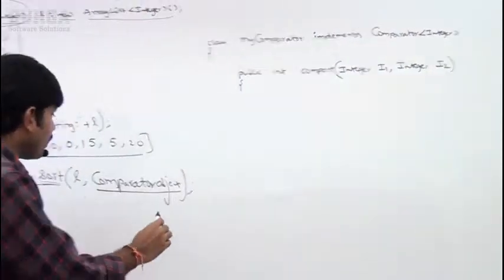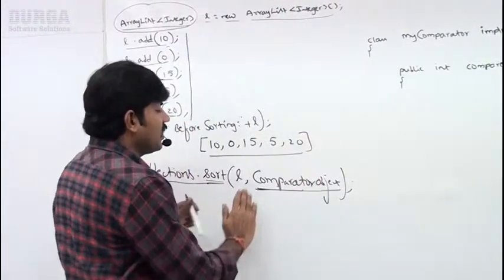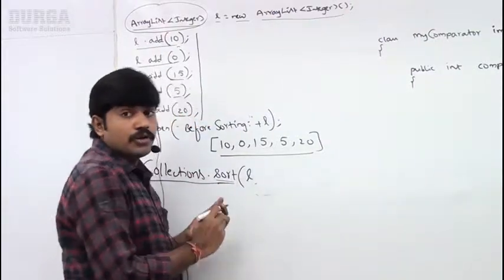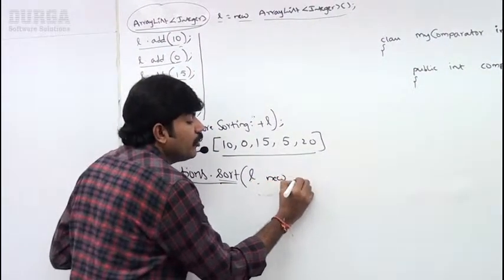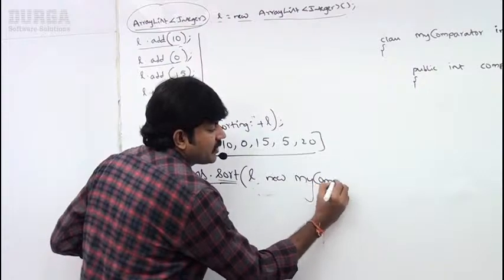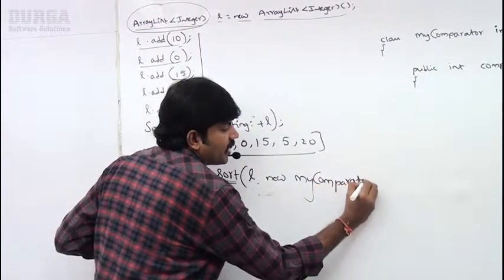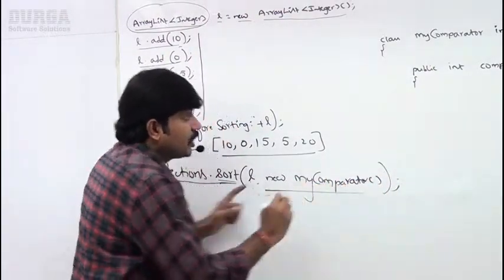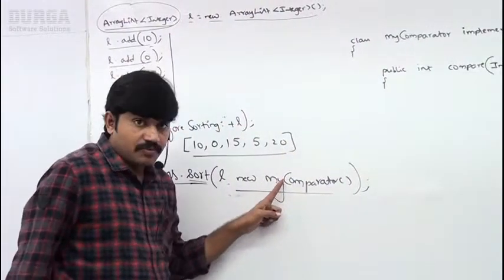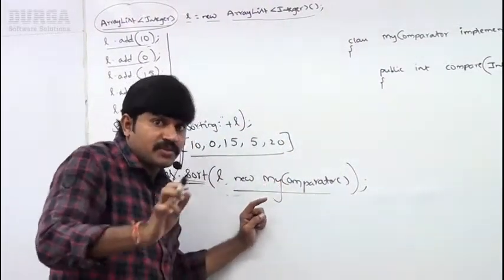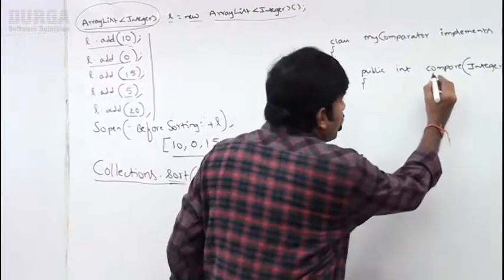Whenever we pass this comparator object, new MyComparator, because MyComparator is the implementation class, while defining sorting, JVM is always going to call which method?